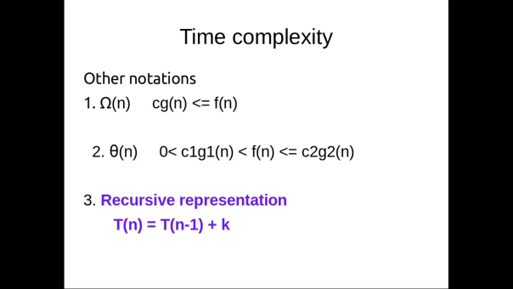So for n numbers, the program takes t of n minus 1 time plus some constant. Now you have to solve this recurrence and finally get the result. What will be the value? There is a procedure we can use to calculate it. First of all, you can represent the time complexity of an algorithm in this recursive way also.